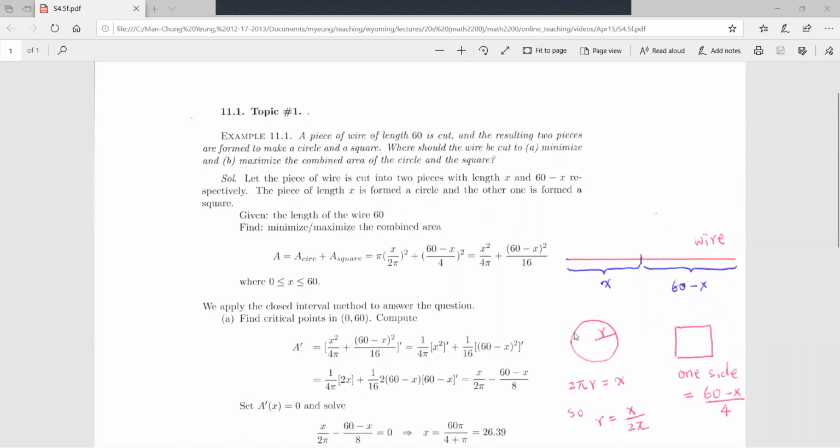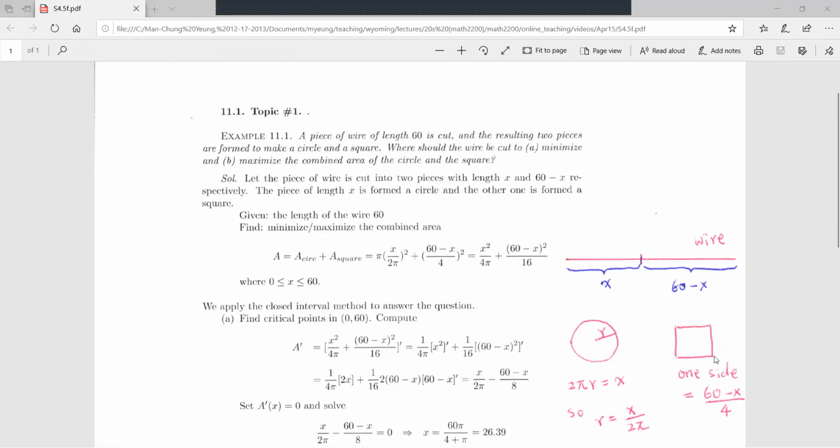This circle, the circumference is X. By the circumference formula for a circle, we have 2 pi times the radius is X. Now from this equation, this circle's radius is X over 2 pi.